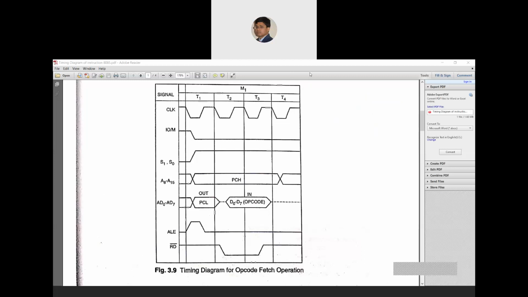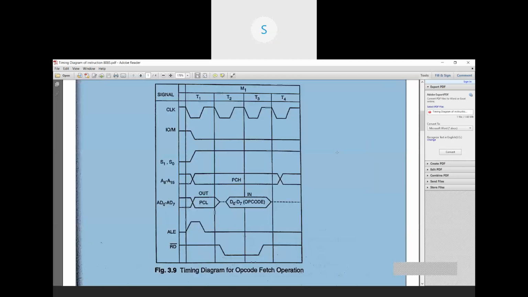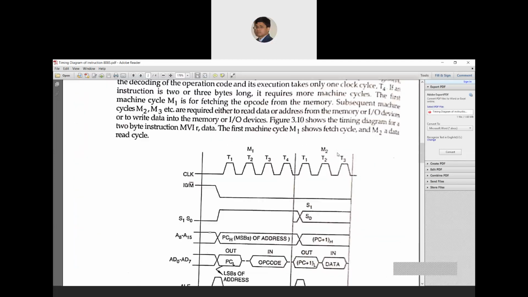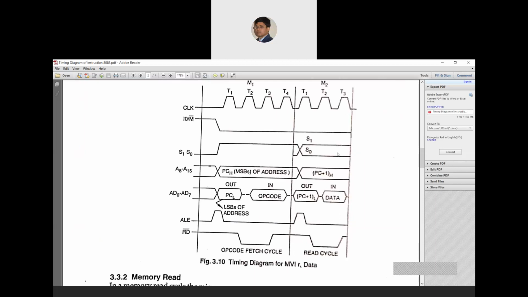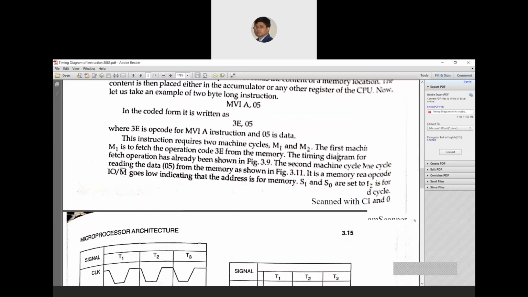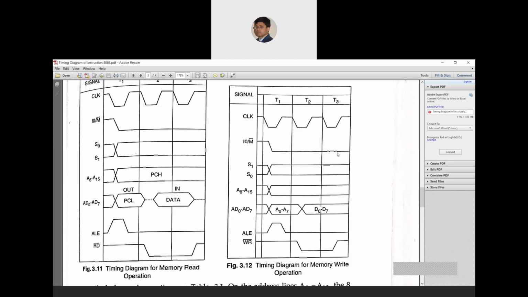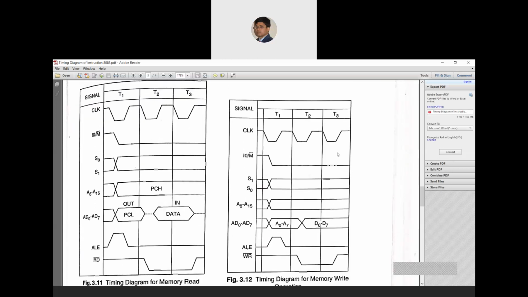So going to the next part, this is figure 3.11, the memory read operation.